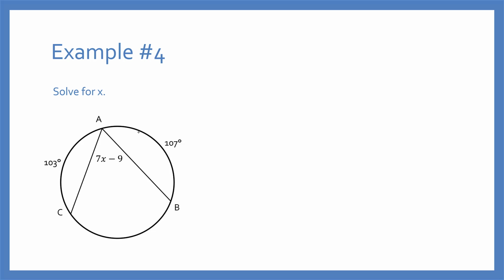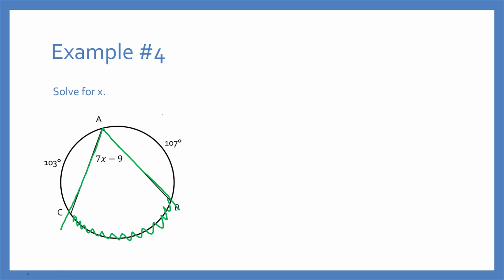All right, let's move into something with some algebra and solving. So here we have this circle, and we have a variable x inside of my inscribed angle. When I look at my inscribed angle here, I notice that I am missing any information about this arc. So I have to go find some info.